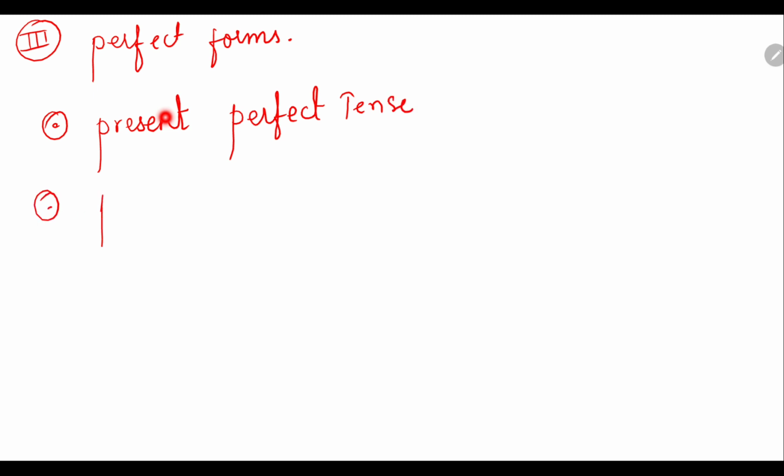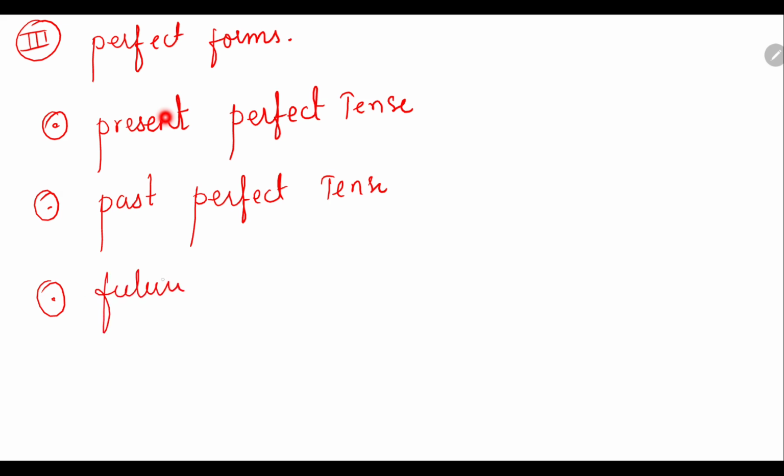Second one is past perfect tense. The third one is future perfect tense. Please ignore my handwriting. Okay, थोड़ा सा जल्दी जल्दी मैं लिख रही हूँ, सिर्फ समझना है हमें. Okay, so the perfect forms will be studying about the three different forms. One is the present perfect tense, past perfect tense and future perfect tense.